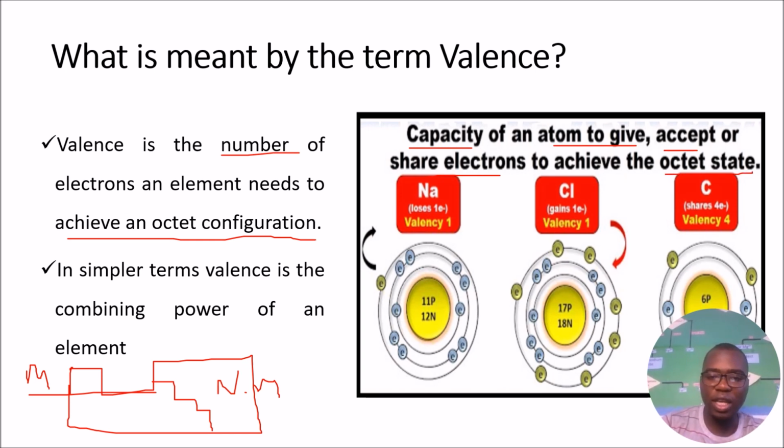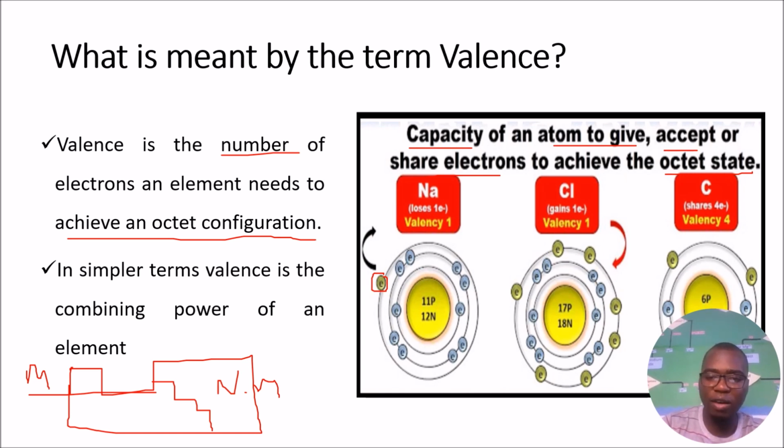So what we are saying is there are some metals which have fewer electrons in the outermost shell, such as 1, 2, and 3, and these ones can easily lose the ones that they have. When they lose those fewer electrons in the outermost shell, they lose the entire shell altogether. Therefore, the next shell that remains has 8 electrons, hence octet configuration.